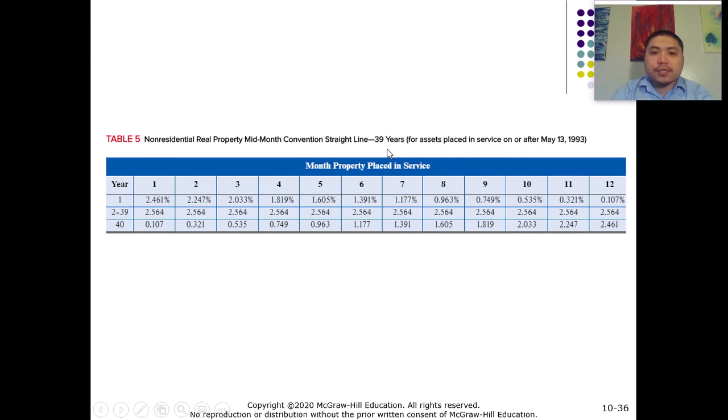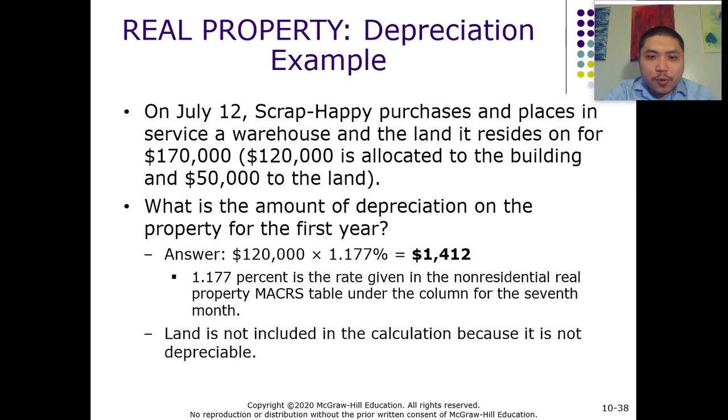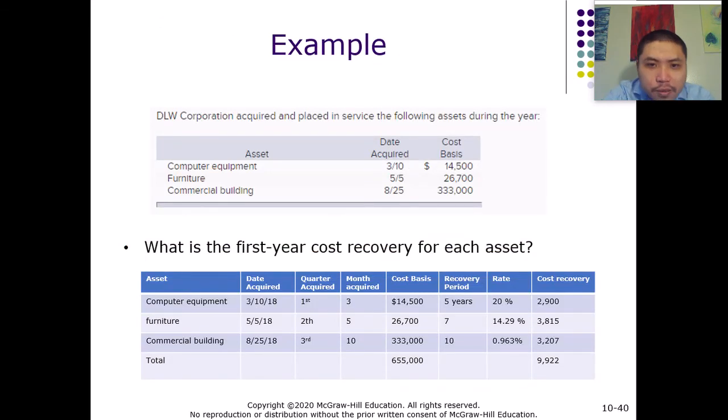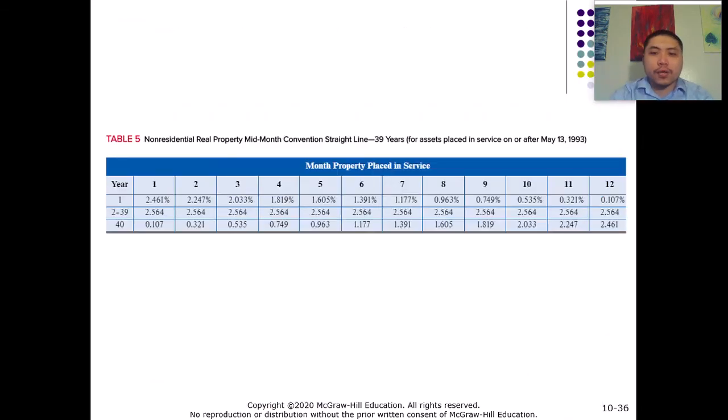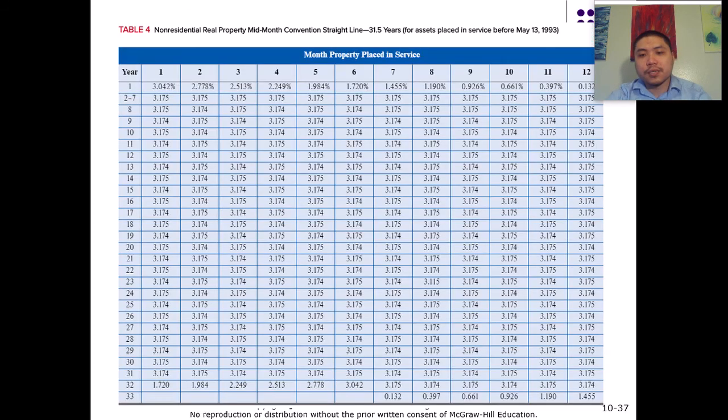And this property is placed into service in August, so we look at the August column. In year 1, the rate is going to be 0.963%. So 0.963%. We go back to our problems.